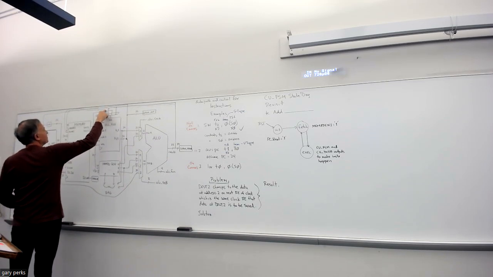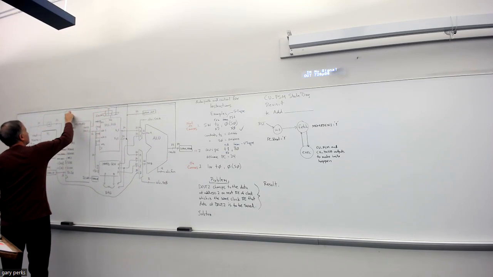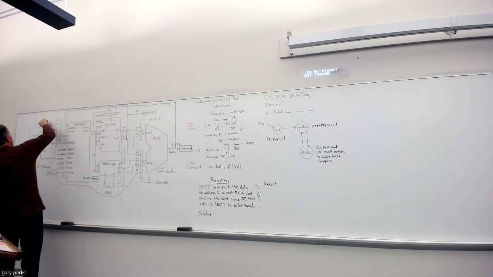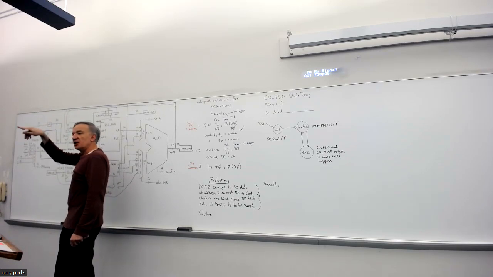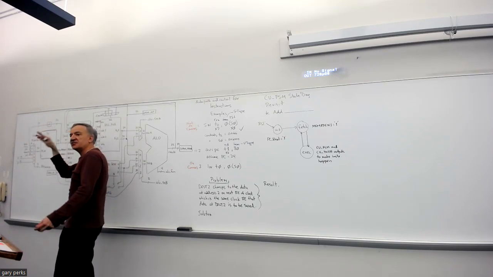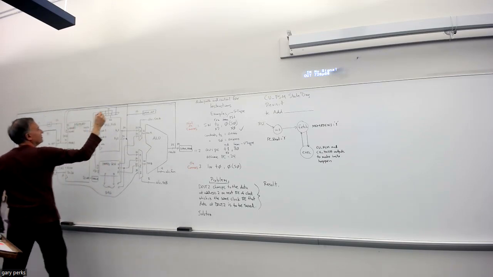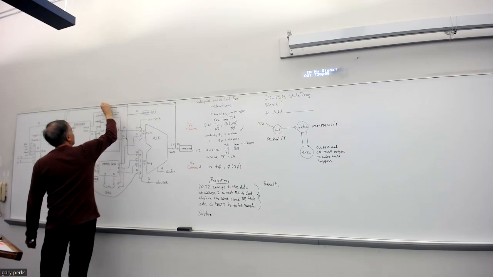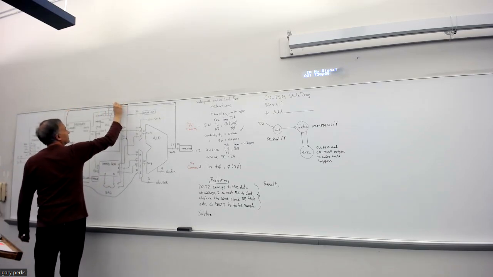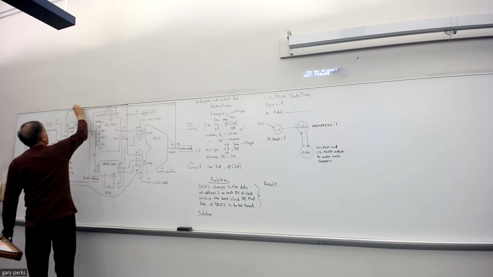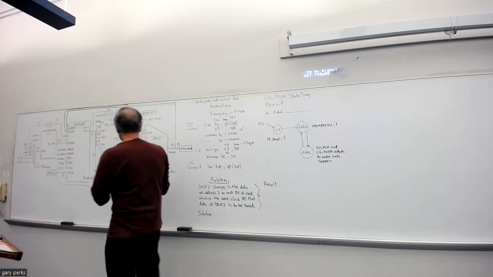Actually, I'm going to get rid of this one because we don't need it, to make it a little clearer. That connection here to the MUX, that's when you have a link like a jump, like a JAL, that's for the link to store the return address. So anyway, just to clear it up a little bit. Like I said, I apologize for not giving more room there because I wasn't thinking of it. Okay, I think that's better.